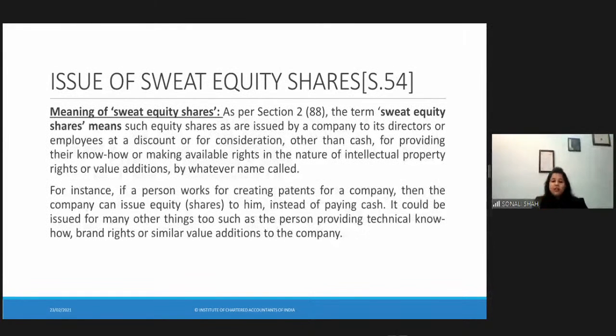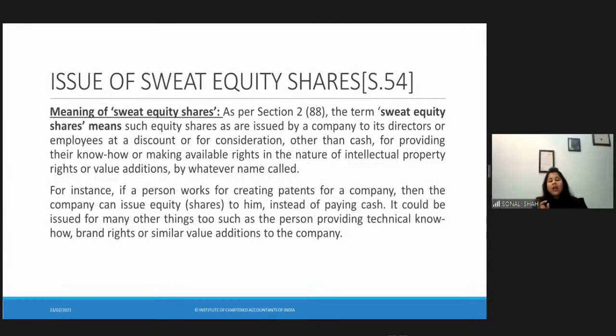sweat equity shares. Now, what are sweat equity shares? Here there are 2 terms which students often use interchangeably: ESOP and sweat equity. ESOP stands for employee stock option. ESOP means the employee has been given an option to purchase the shares of a company at a particular price, which will be very attractive.